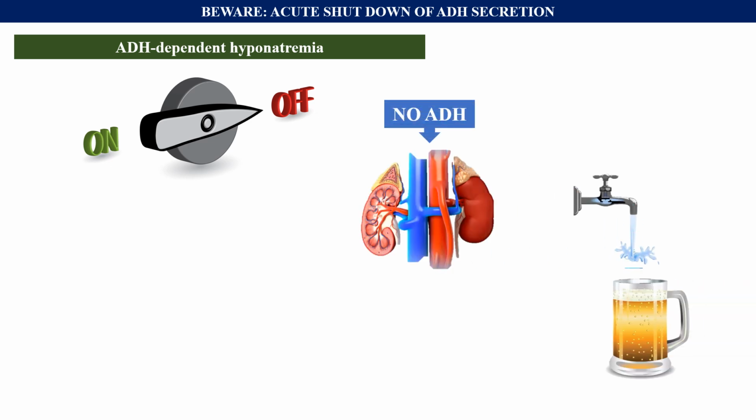Without ADH, a rapid aquaretic phase can occur. This would then lead to overly rapid correction of hyponatremia. For this reason, it is vital to monitor urine output closely during the treatment of hyponatremia.